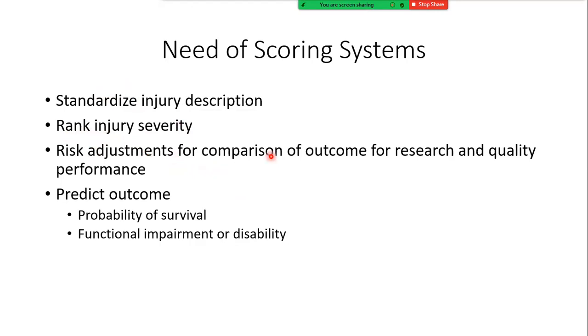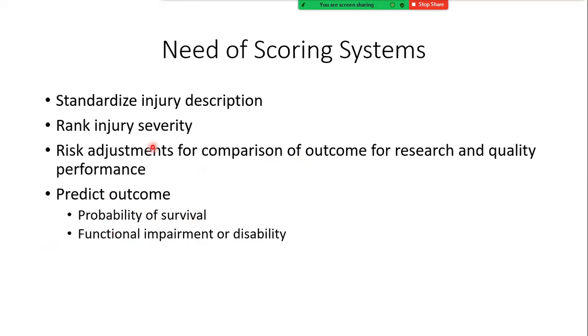Like if you have to compare two femur fractures, a closed femur shaft fracture versus an open femur fracture, and there is a change in outcome, we have to know the injury of both patients. Then we can predict the probability of survival depending on how severely injured a patient is. And then we can do functional impairment or disability assessment in this patient.